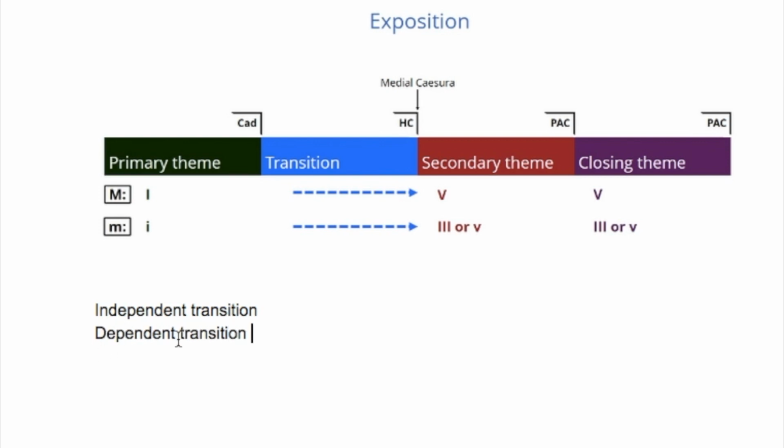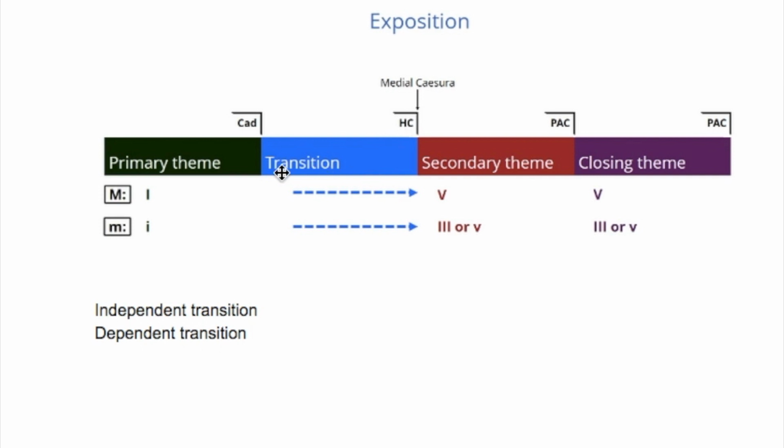So just keep in mind there are two types of transition, and in the classical period we probably find the independent transition more, but the dependent transition is also very often seen, where the primary theme, primary key area, melodic material just flows into the transition without a very clear punctuation between the two.